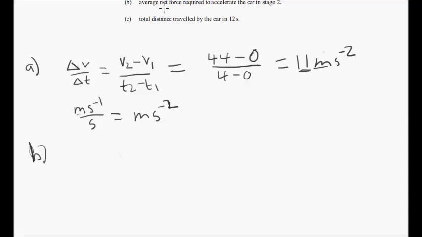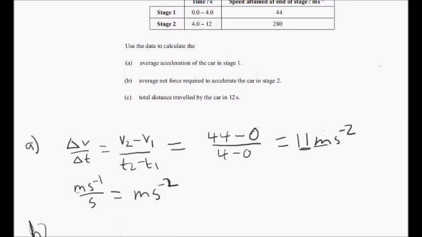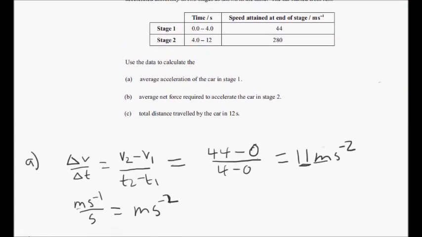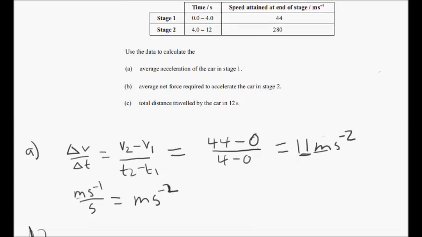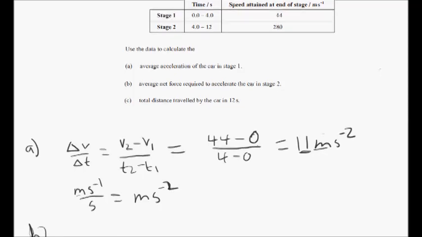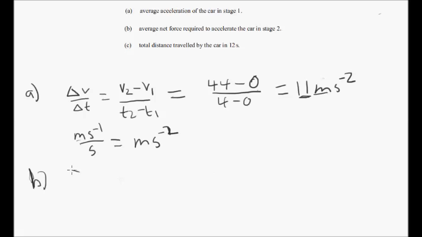So, average net force required to accelerate the car in stage 2. Okay, so this is a more tricky question than the first one, but again, it's still very simple if you understand the concepts. So in this question, we will be using Newton's law, which dictates F equals ma. The force is equal to the mass times the acceleration.